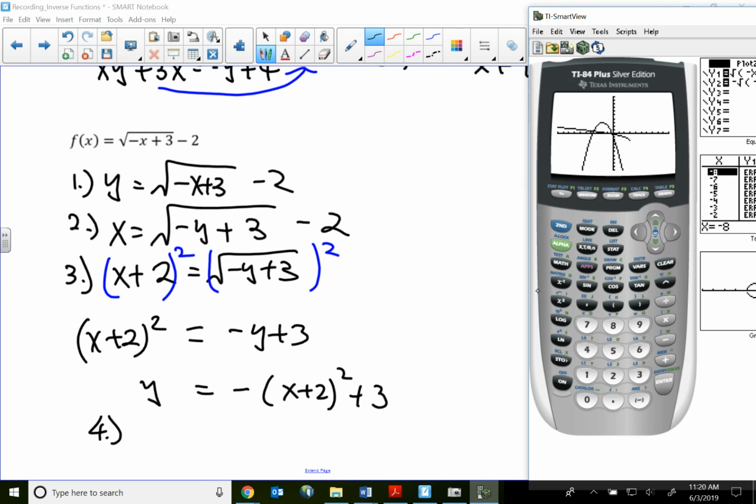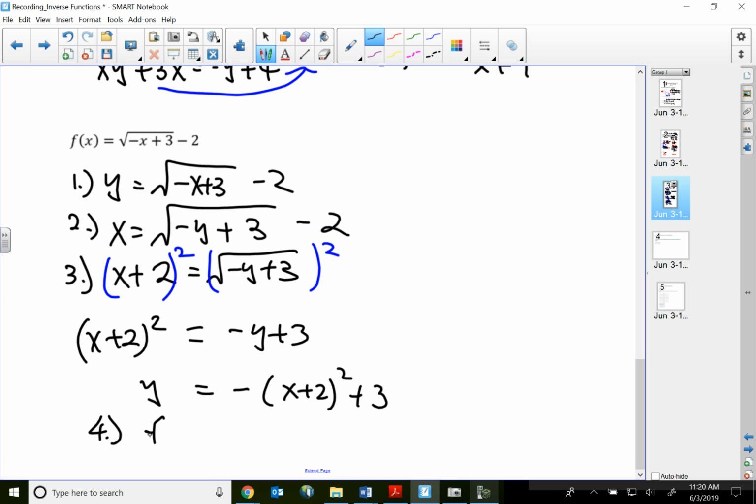As a matter of fact, on the entire graphing calculator, most inverse operations are on the same button or right next to each other, just like multiply and divide are inverse operations, so they go together. This is why the calculator buttons are laid out a certain way. So my inverse function is going to be negative (x plus 2) squared plus 3.